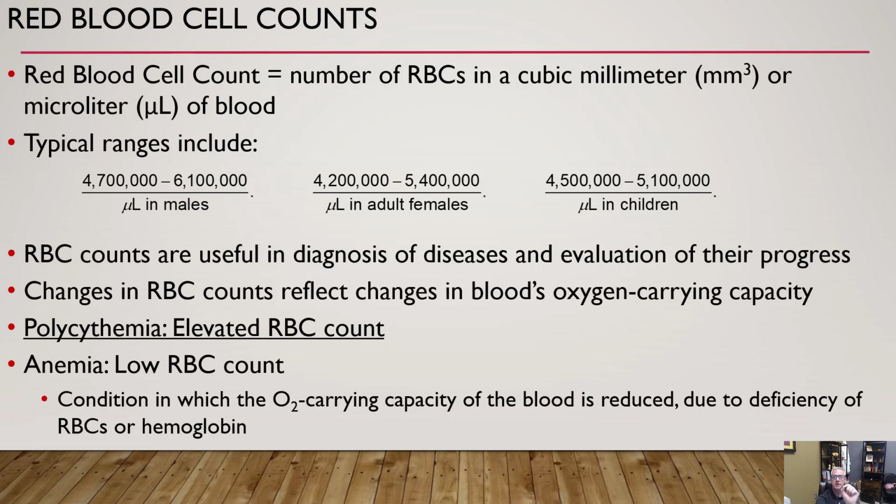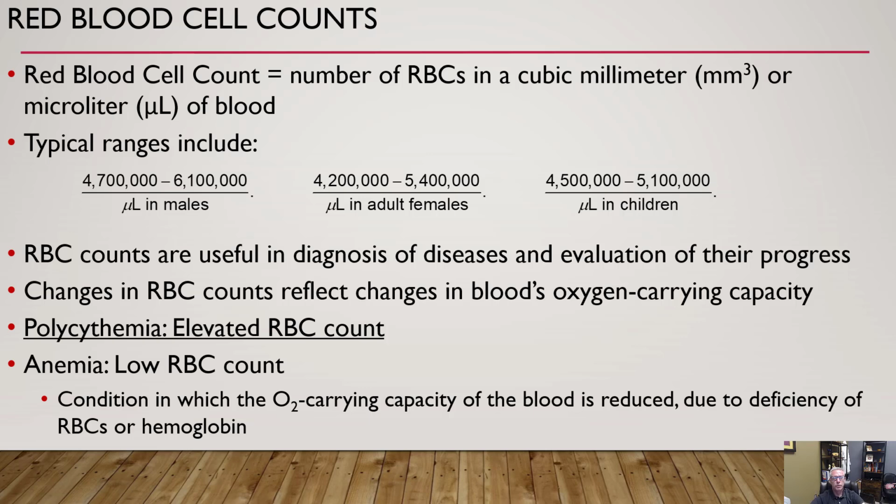So basically, anemia is not necessarily a low red blood cell count. Anemia really is defined as a condition in which the oxygen carrying capacity of the blood is reduced. So it could be due to a low red blood cell count, but it also could be due to a defect in hemoglobin.